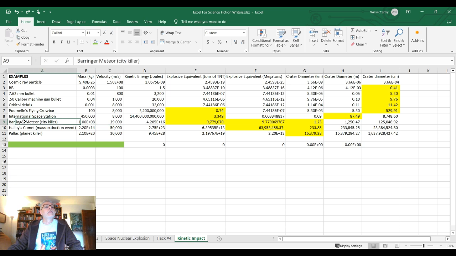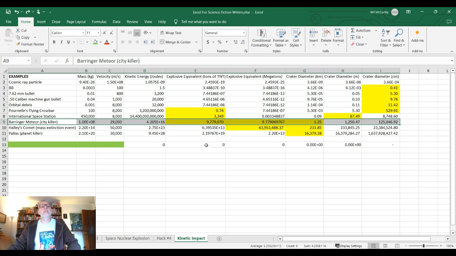That's science's best guess as to the characteristics of the Barringer meteor. And you'll see, in addition to making a crater about 1.2 kilometers across, a meteor with those characteristics gives you about a 10 megaton explosion. So this is a city killer, a meteor this size.